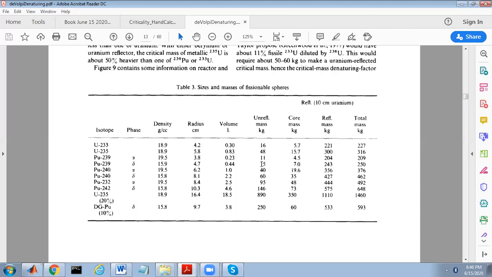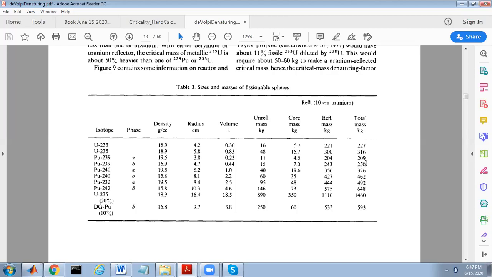So the unreflected mass was 15 kg and the reflected mass is 7 kg. So it's less than a half, which means you can have 7 kg of plutonium-239 in the delta phase critical if you surround it by 10 centimeters of uranium. The total mass is very heavy, so 250 kg.